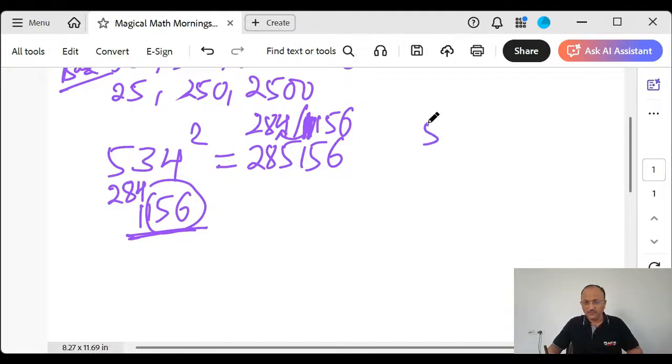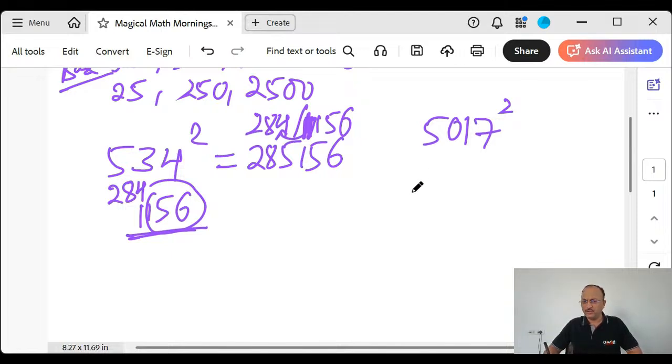Try to find 5017 square. Now you take time to find the square of 17, correct? So remembering the squares of numbers up to 20 is the most useful thing.